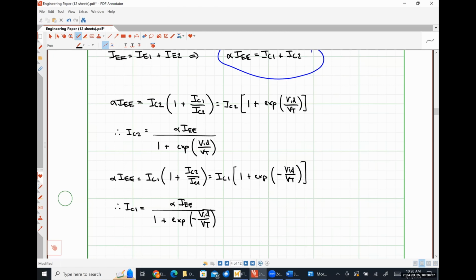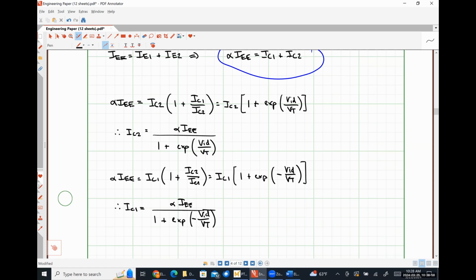Okay. So let's pause right here and look at a couple of things. Let's say that our input differential mode voltage were 0. What would IC2 come out to be? It'd be alpha IEE divided by 1 plus EXP of 0. EXP of 0 is 1.